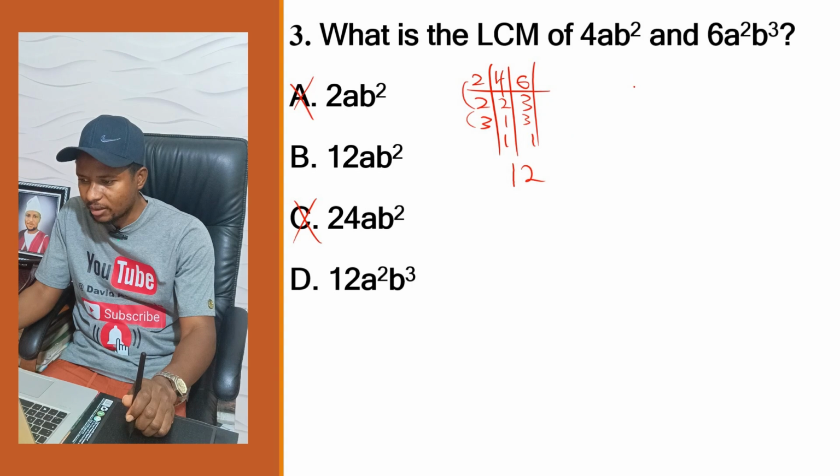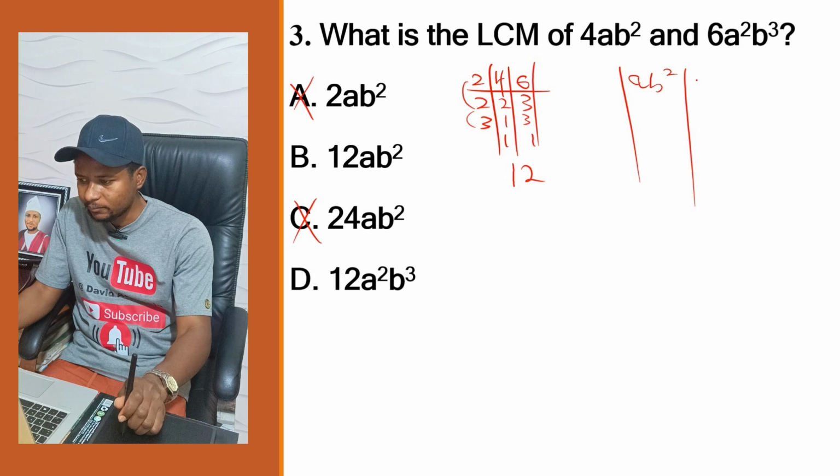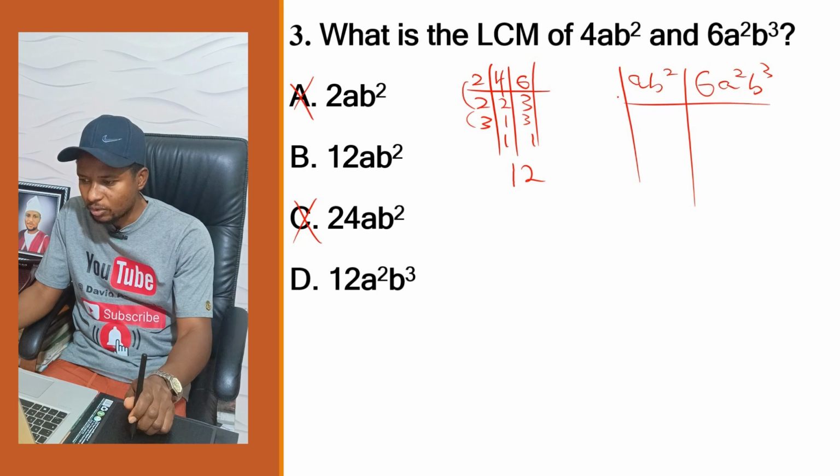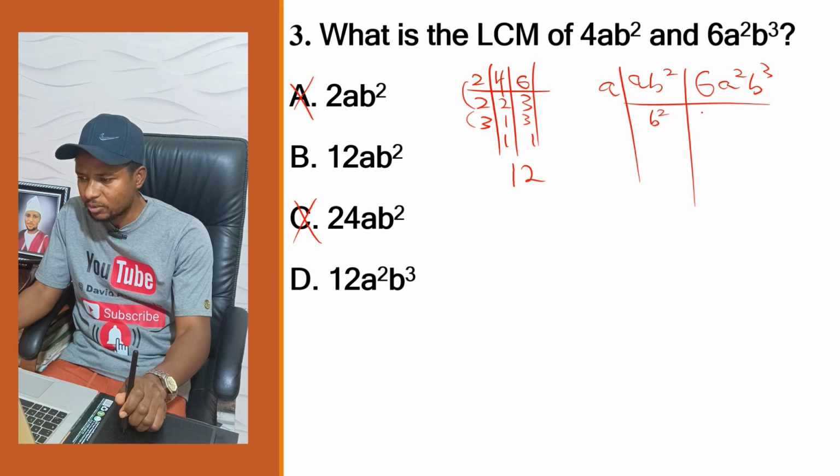So you can go ahead and work with the letters: ab squared, a squared b cubed. There are shorter versions of this. If you factor a here, you have 1 a still left, then you have b cubed.